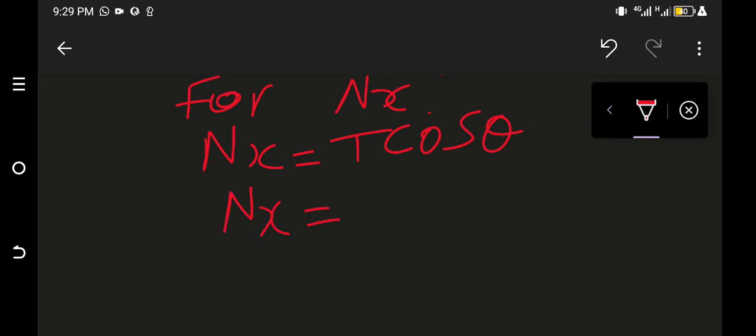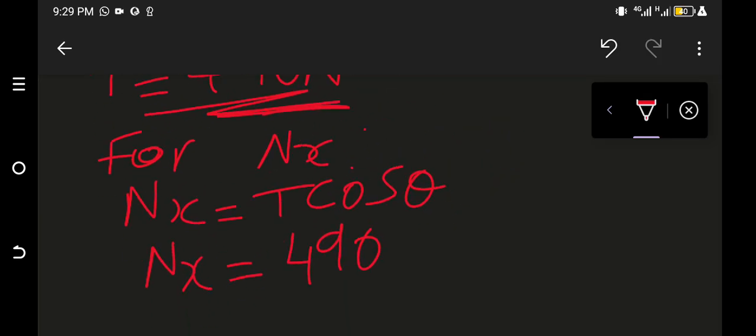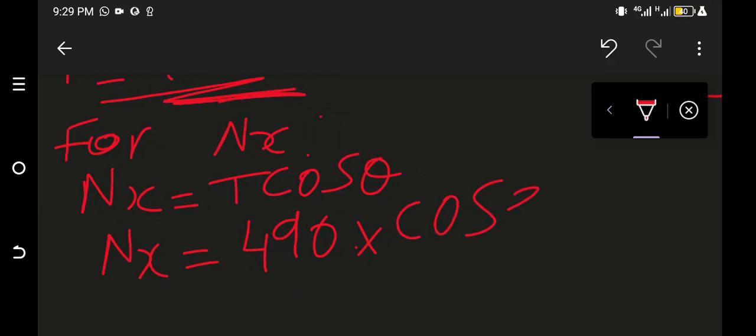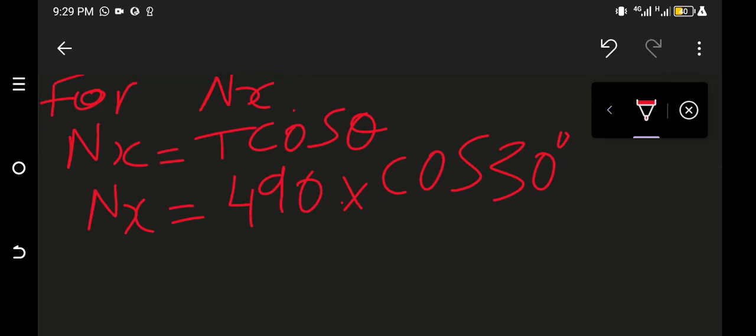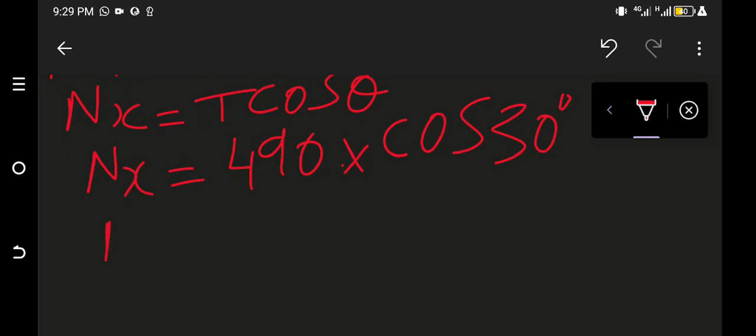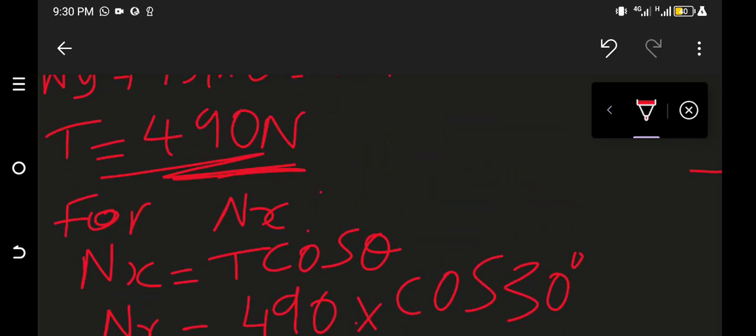Nx is equal to our tension, 490, multiplied by cos of our given angle, 30 degrees. So you punch it in, 490 multiplied by cos 30, which gives us nx, approximately 424.35 newtons.